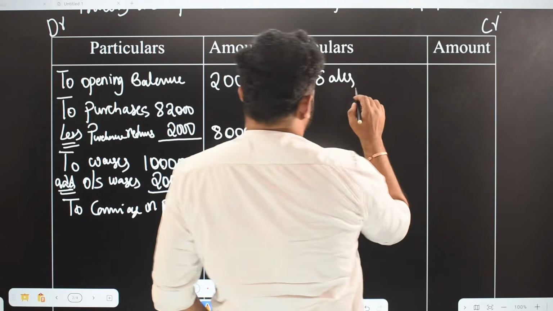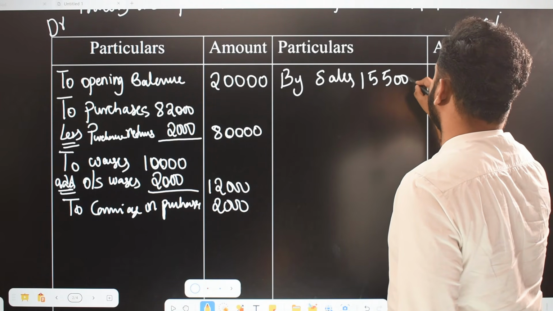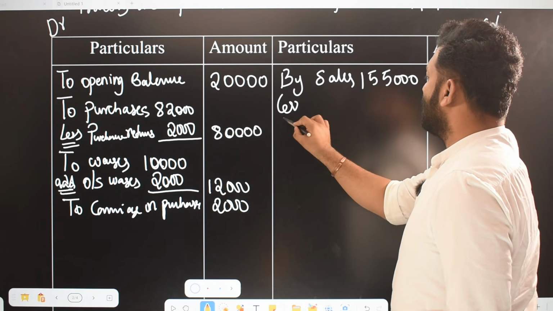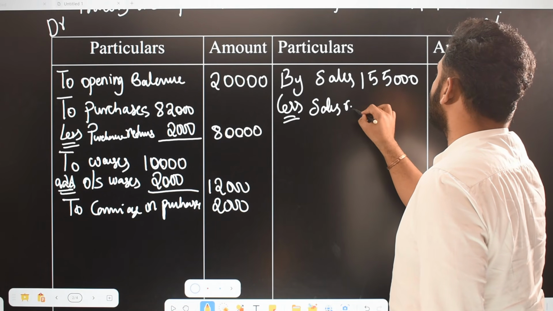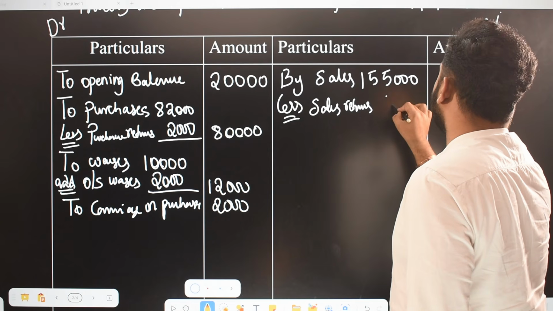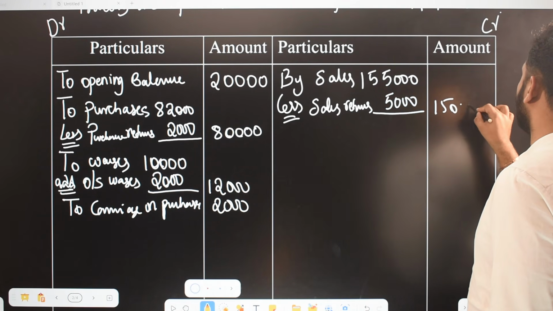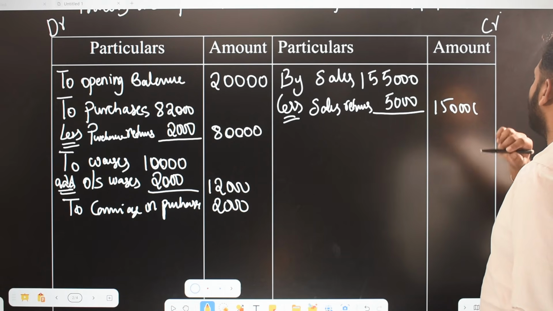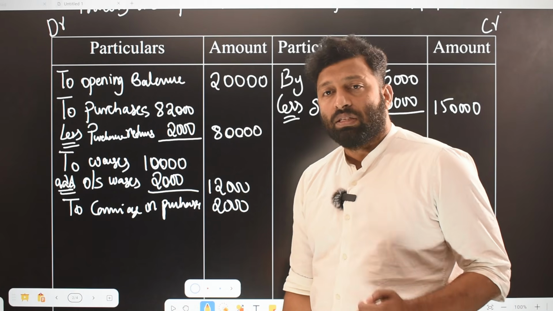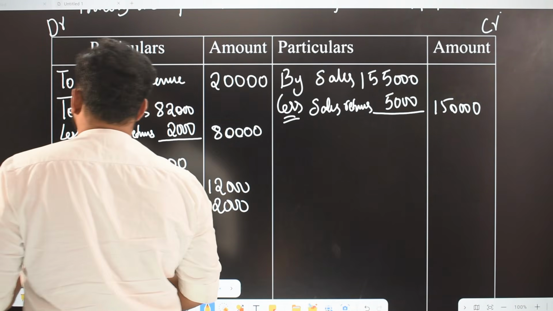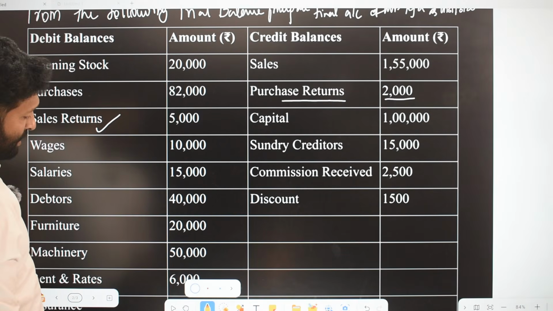So what is the value? 1,55,000 less sales returns 5,000. So write the amount in the amount column, 1,50,000. Is that clear? Done. Next are any other transactions. We don't have any other transactions here.